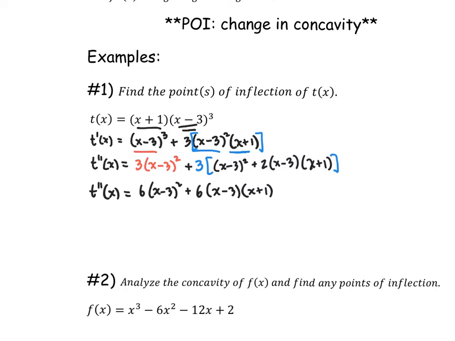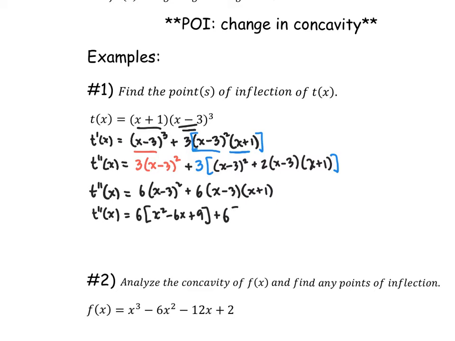Ultimately my goal is to find where t double prime equals 0 and then change its sign. So I'm going to have to do a little bit of expansion here to combine some like terms. Especially when I get down to just quadratic terms as my highest power, I can work through that relatively easily. So this would be x squared minus 6x plus 9.